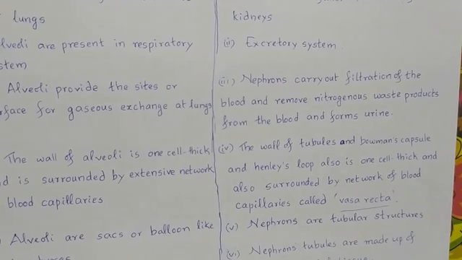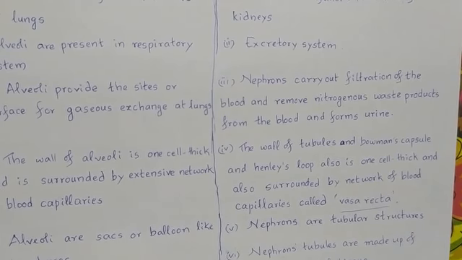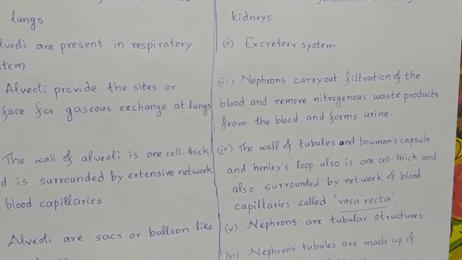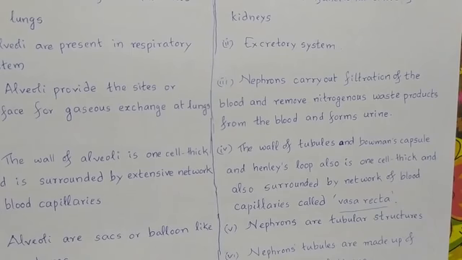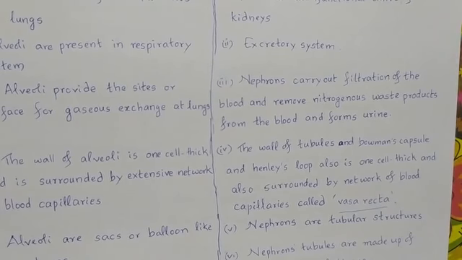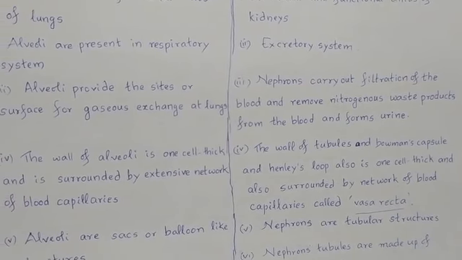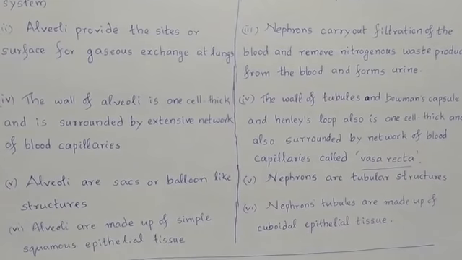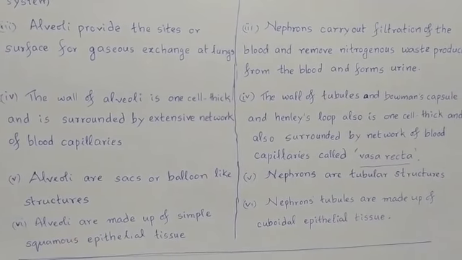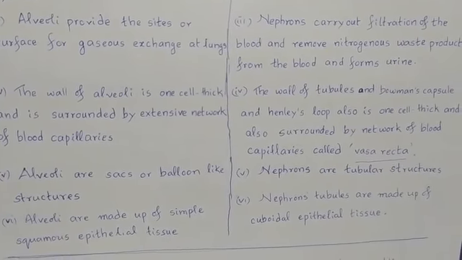The network of blood capillaries that surround the proximal convoluted tubule, distal convoluted tubule and loop of Henle is known as vasa recta, right? And coming to alveoli, they are the sacs or balloon-like structures.